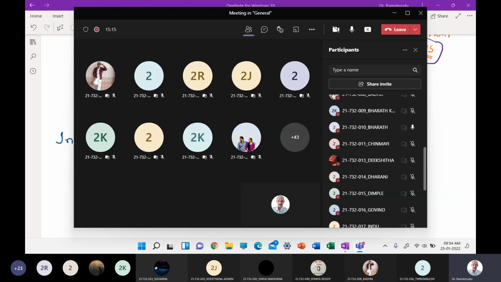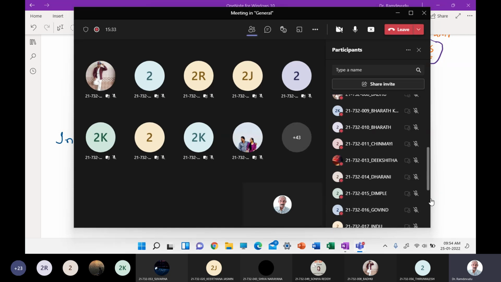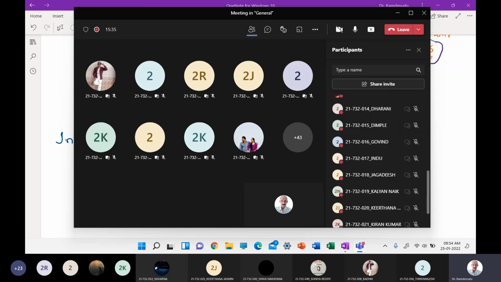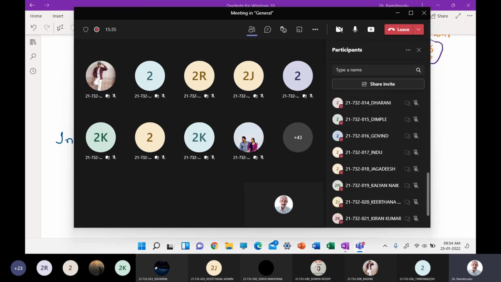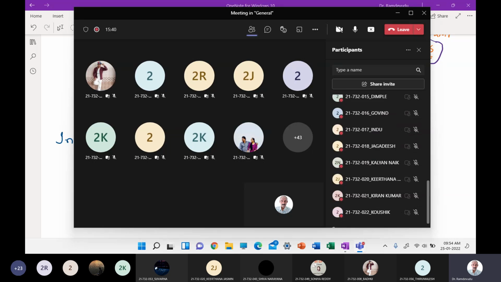Yeah, how do you define transverse waves? Govind, roll number 16. Kalyan, roll number 19. Sir. Yeah, what are transverse waves? Anyone in the class, can you define a transverse wave?